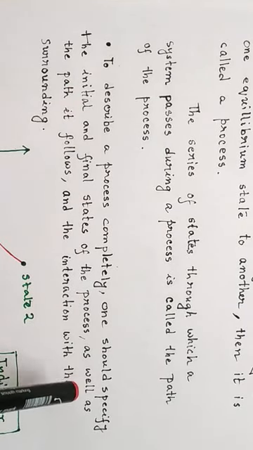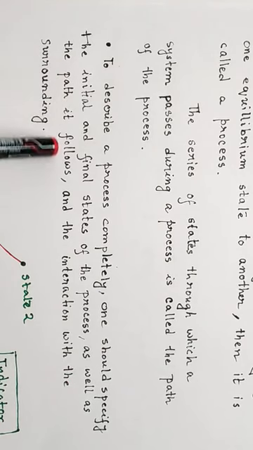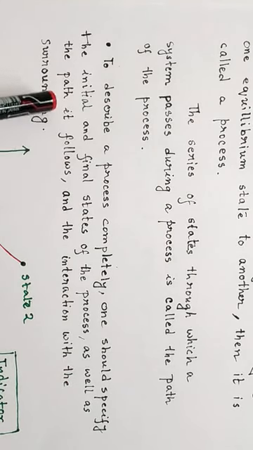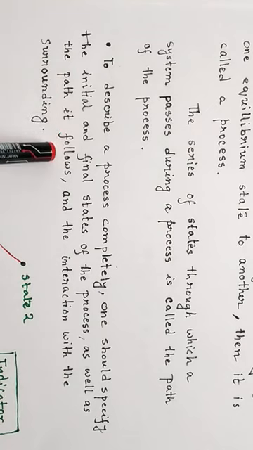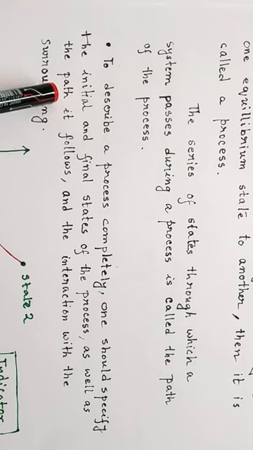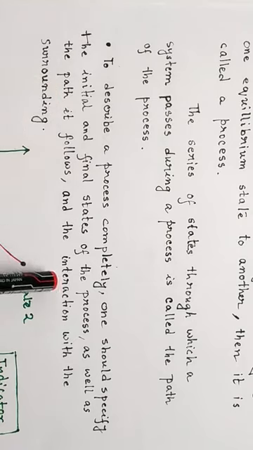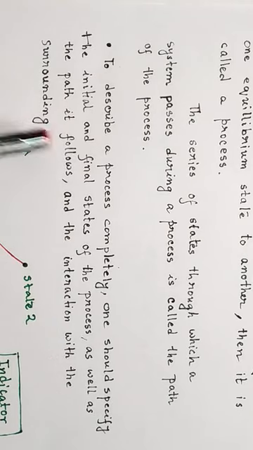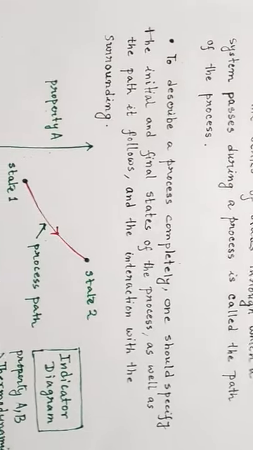We also have to describe the path it follows, that is, at every instant of time, at every stage of the process, what the values of all the observable thermodynamic variables are. We also have to specify the interaction with the surroundings: how the system interacts with the surroundings, whether there is an exchange of heat or any other kind of influence.